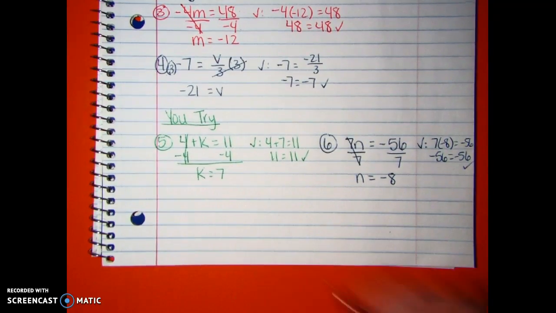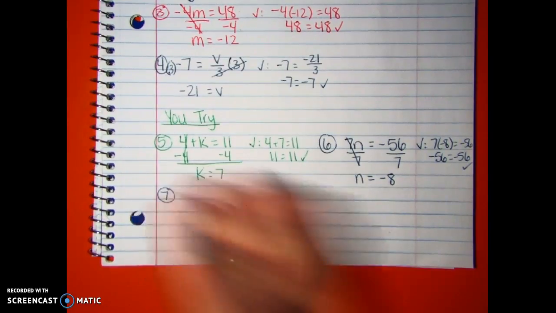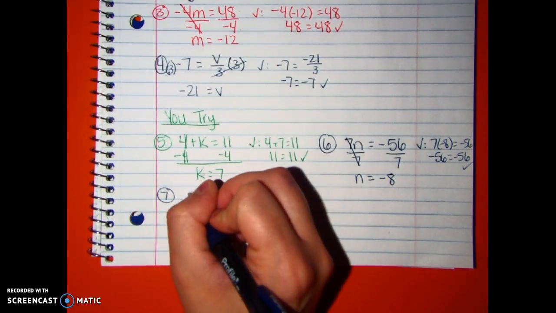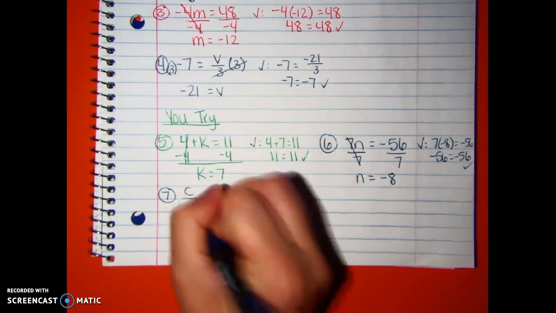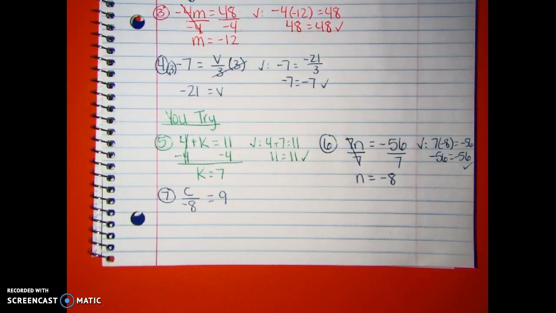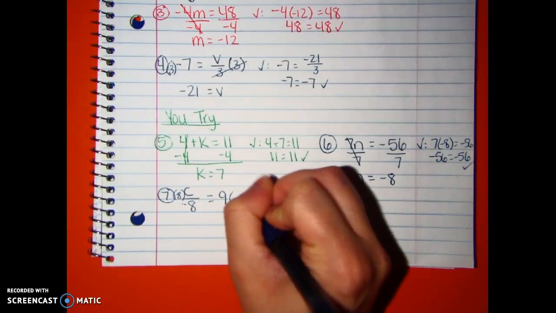Okay, let's look at number 7. Let's do c divided by negative 8 equals 9. Go ahead and try that one and check your answer. Okay, for this one it's dividing, so hopefully you multiplied by negative 8 on both sides. So negative 8, negative 8.